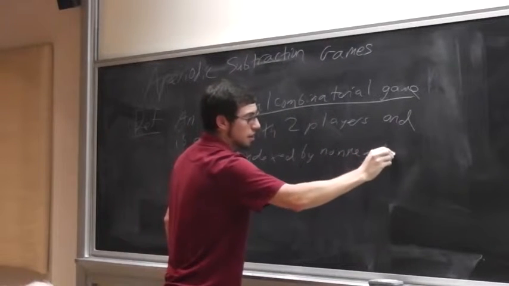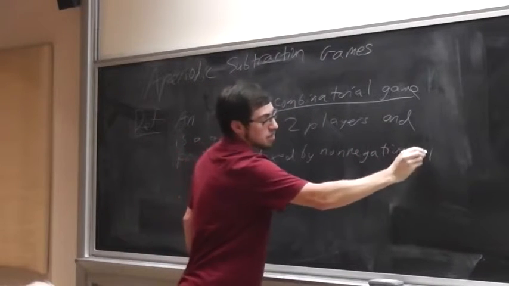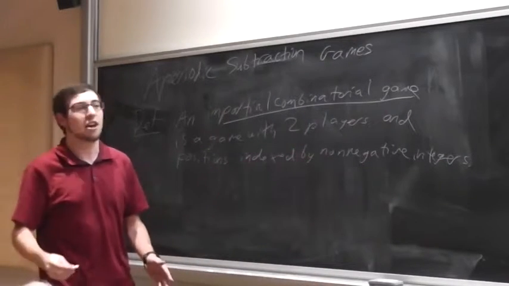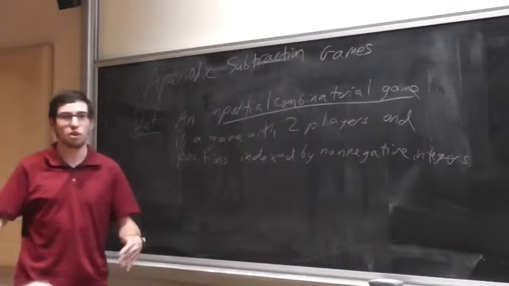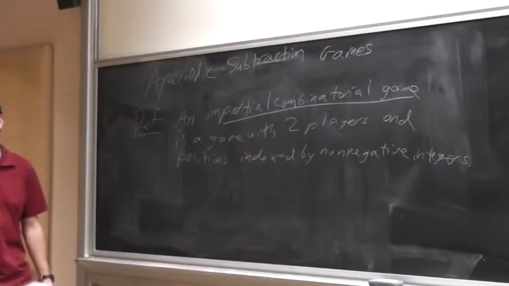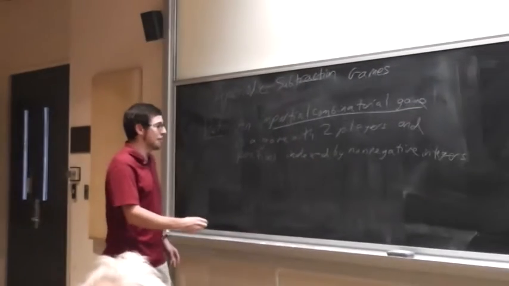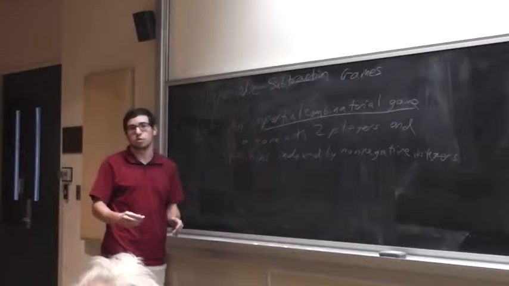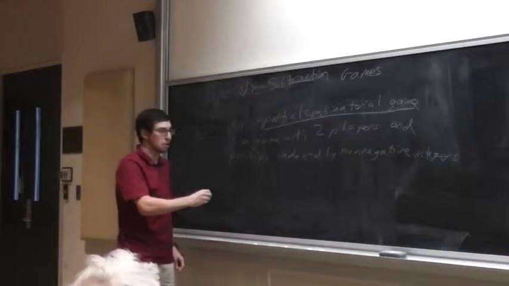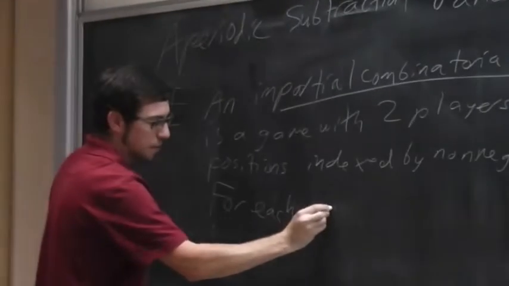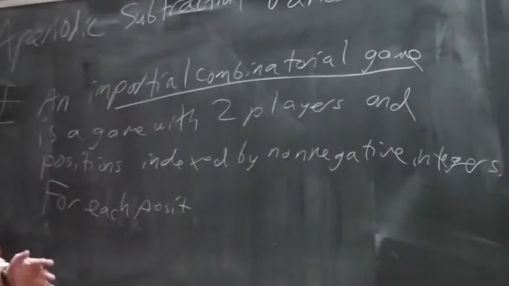So for every non-negative integer, there is a position? Yes. If it turns out your game only has finitely many positions, all the positions after a certain point can just be null positions that you can never move to, and you can decide how you move from them because it doesn't matter. So the positions are indexed by non-negative integers, and for each position, there is a set of positions with smaller indices that you can move to. Particularly, you cannot move from the zero position.